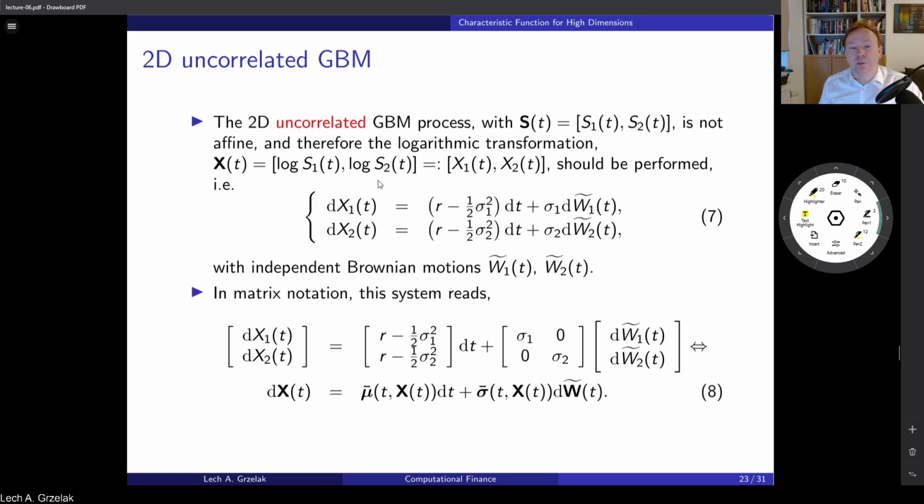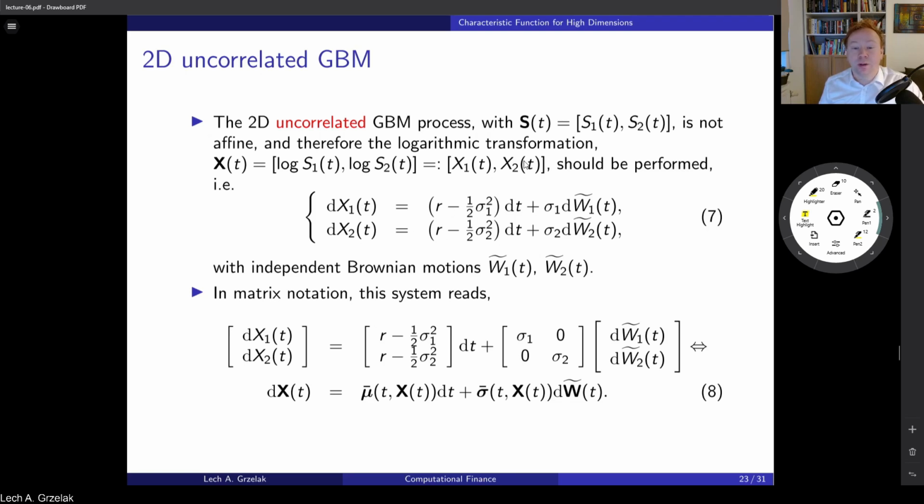We already know that if we define stock processes under geometric Brownian motion, those processes are not affine. So obviously, as the first step we have to perform a logarithmic transformation. We consider x equal to the vector of log S1 and log S2. After this transformation, we have two SDEs with the same interest rate.